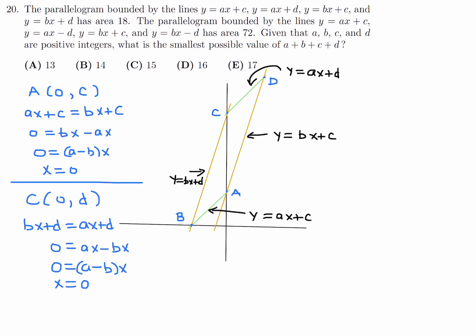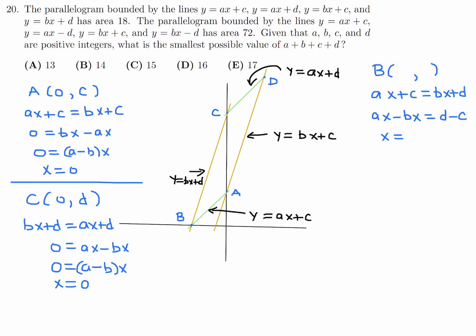All right. Now let's concentrate on getting B and D, these ones. B is the intersection of this guy and this guy. So that's going to be ax plus c is equal to bx plus d, right? So that means ax minus bx is equal to d minus c.